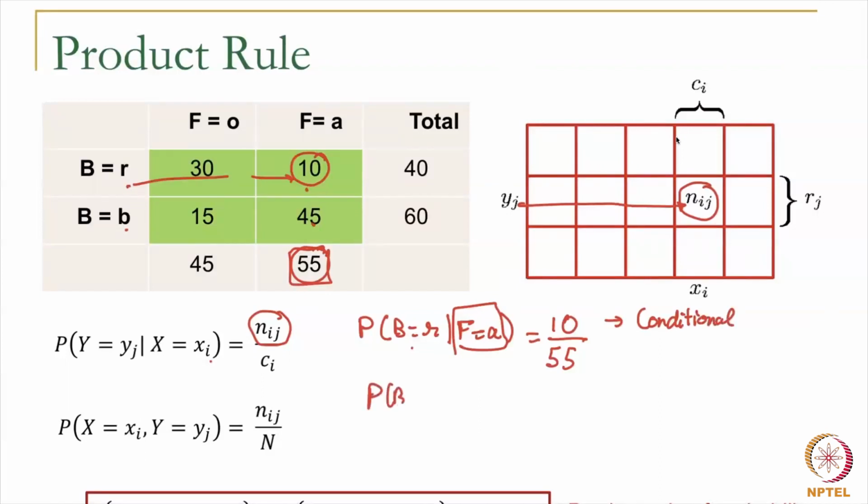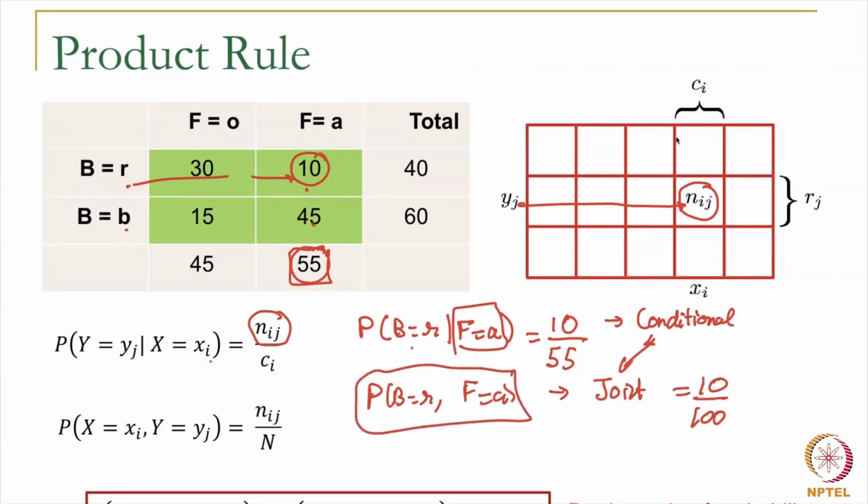whereas, distinguish this from this case. This is the joint. People often get confused between these two, so remember what is happening here. Here, you made all these trials, and out of those trials you want to find out how many were red as well as the fruit was an apple.